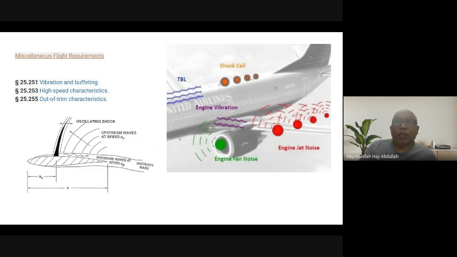And another thing is miscellaneous. Miscellaneous covers the issues of vibration and buffeting, high speed characteristic, and out of trim characteristic. Vibration and buffeting is common for the structure, especially when the speed becomes very high and reaches Mach 1. Behind Mach 1, you always have this shock, and the velocity and the flow behind it cause the structure to shake, to vibrate.